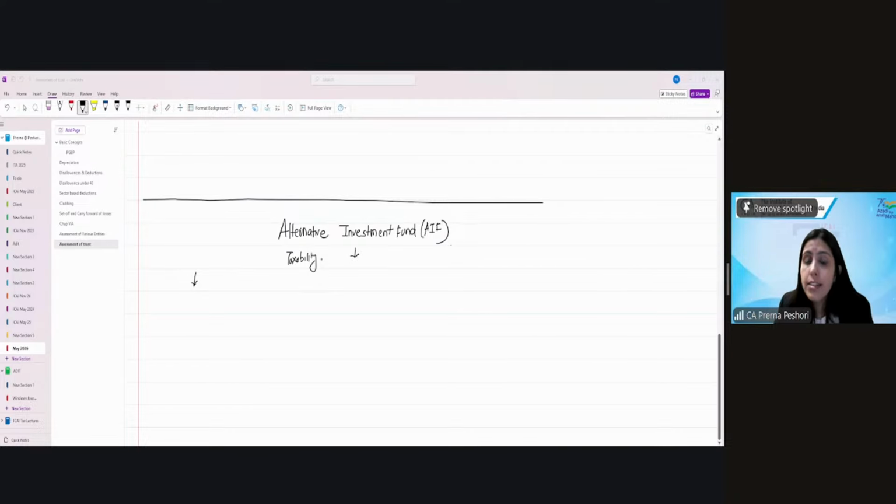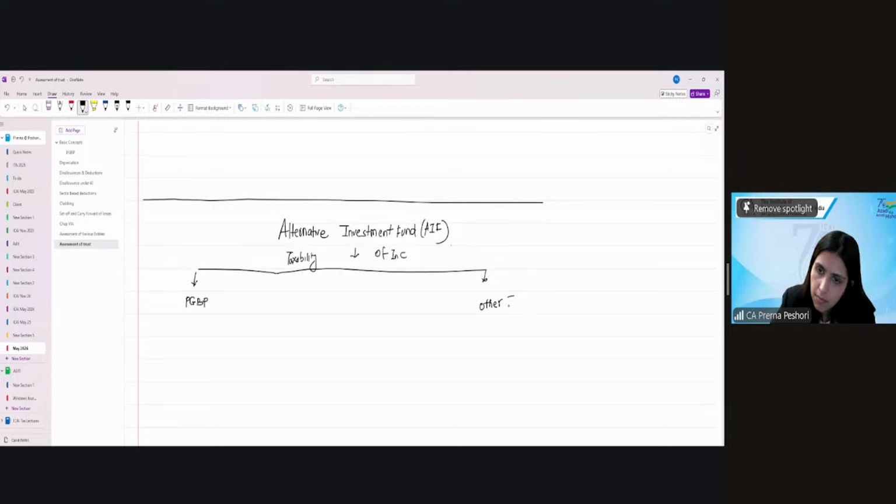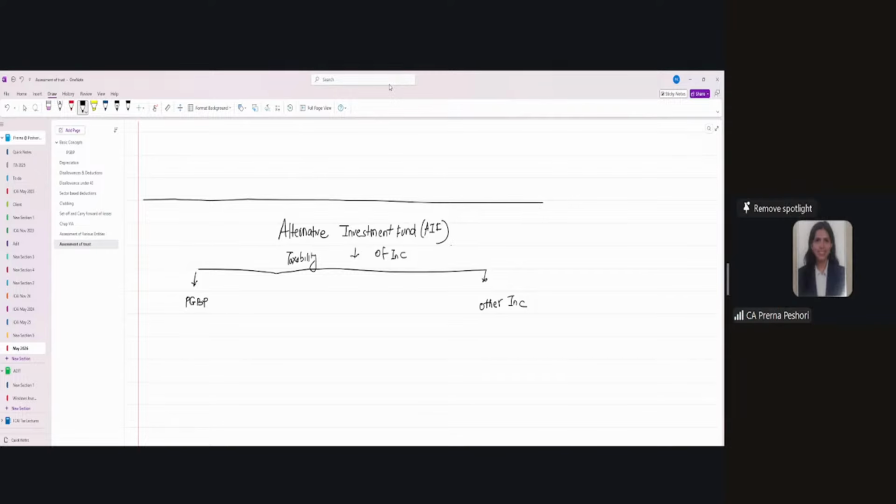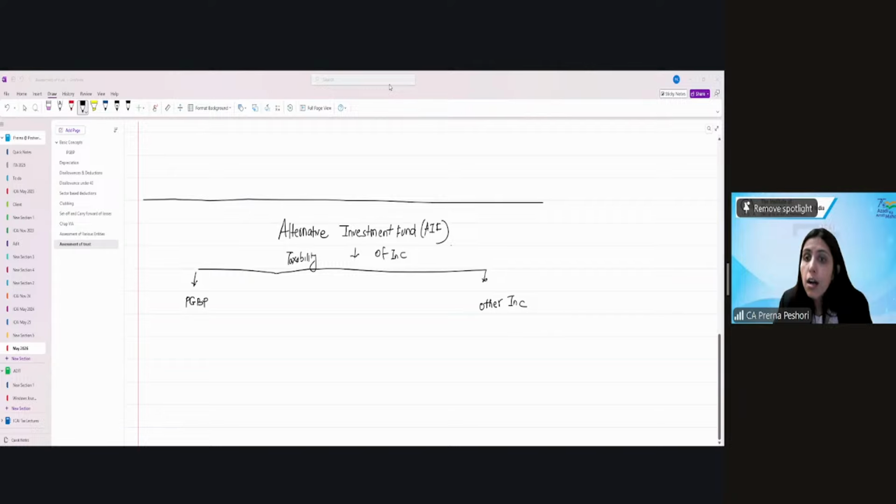The taxability of the AIF depends on whether the income is in the nature of PGBP or any other income. If the income is in the nature of PGBP, then in that particular case, the taxability is in the hands of the AIF.